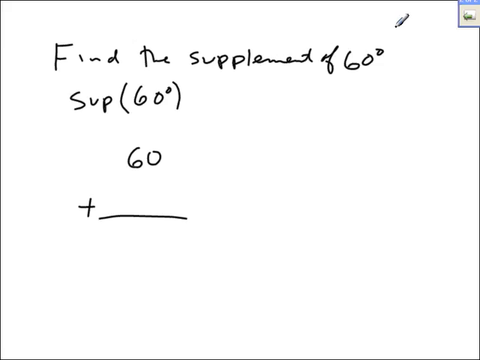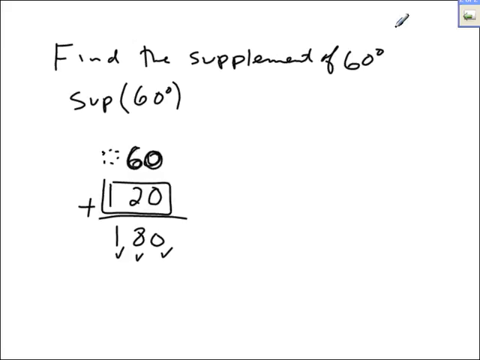What do you add to 60 degrees to get to 180? Well, 0 plus 0 gives me 0. 6 plus 2 gives me 8. And an understood 0 here plus 1 gives me 1. So there's my possible answer. Since it's a positive number, that is my answer. 60 and 120 is 180.